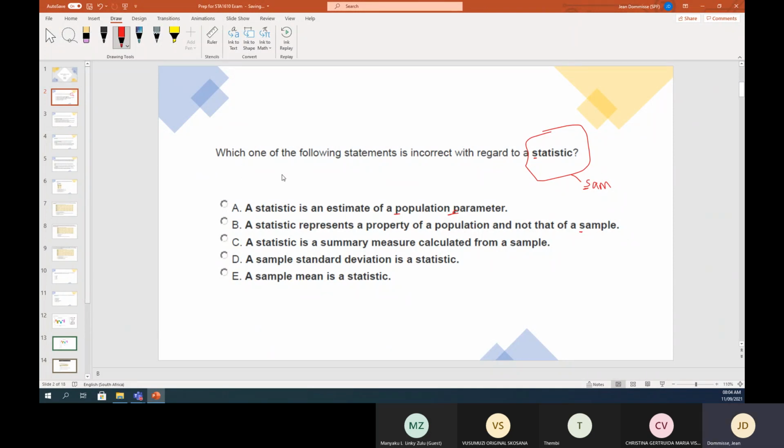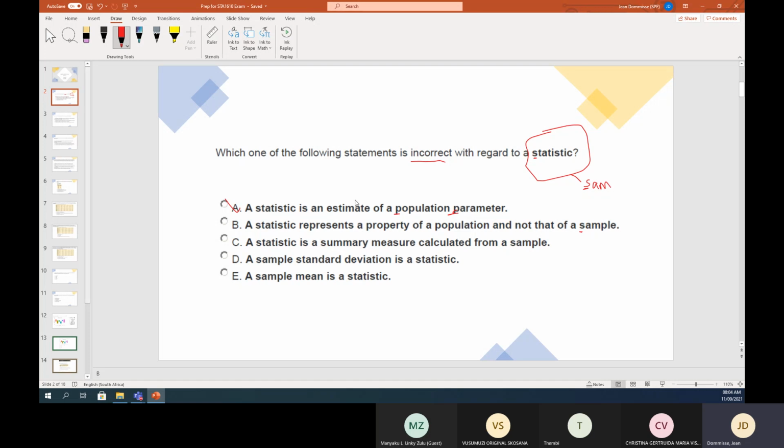So in this question, which one of the following statements is incorrect with regard to a statistic? A statistic is an estimate of a population parameter. That is correct, and that is why, when we get to study unit 6 and 7, we always have the parameters of the variance, standard deviation and mean.